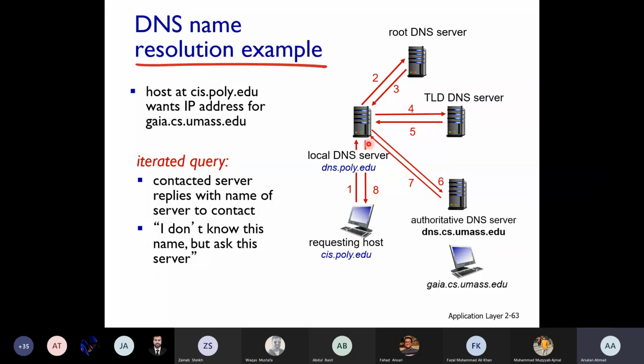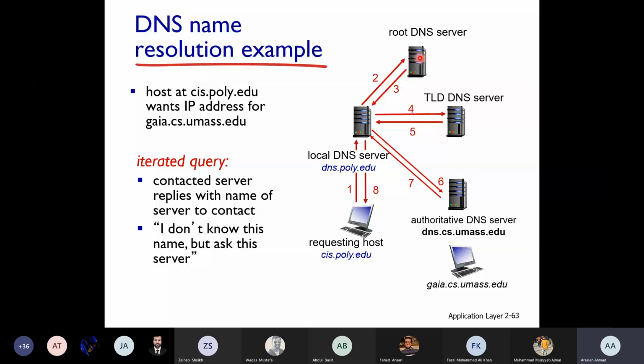So yes, the preferred method is iterative query, and one of the reasons is that there will be less load on the upper level of hierarchy, and these servers are contacted a lot. Obviously they are not here to give preference to any particular local name server, because there will be local name servers around the globe which will contact root name servers and TLD name servers.